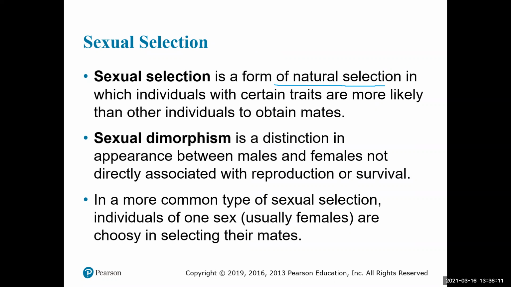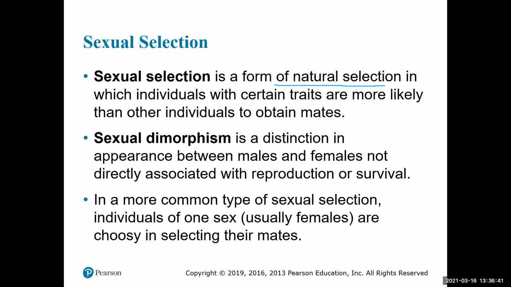It generally happens in sexually dimorphic populations where the appearance of males and females is directly associated with reproduction and survival. So you have differences in the way males and females look, and then, for example, females may choose the brightest colored males, and again, that's determining whether or not those traits will be passed on to the next generation.